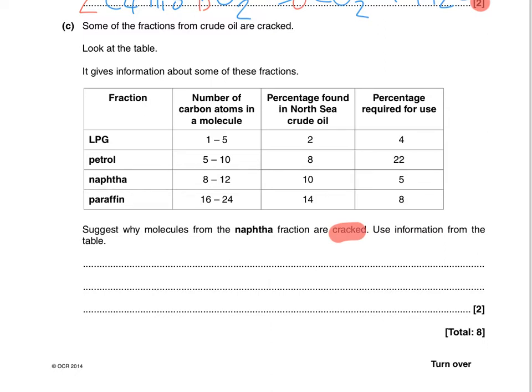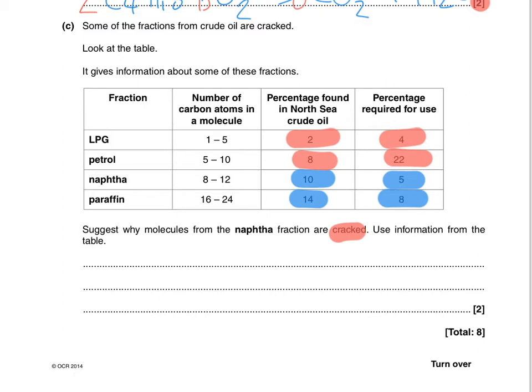Now, the reason we do it is always supply and demand. So let's have a look at the table. We can see that naphtha and paraffin have both got more being made than is needed, whereas petrol and LPG, we're not making enough of it. So if you put that down in your answer, then you get your 2 marks.